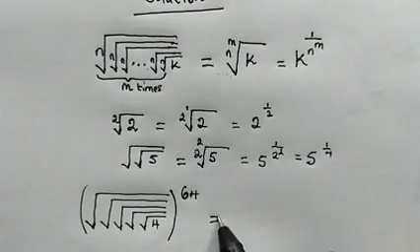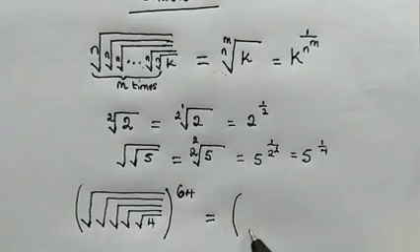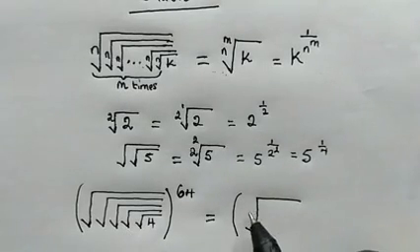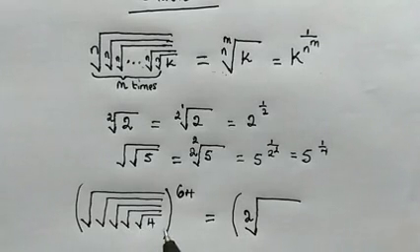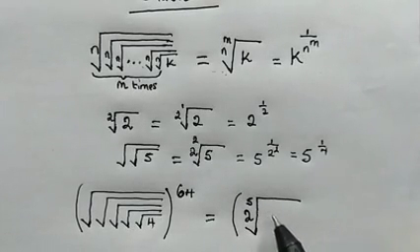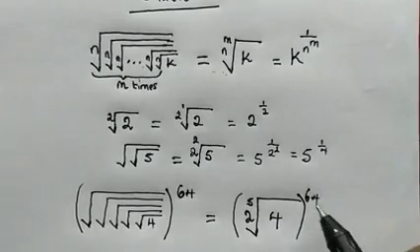Inside the bracket we have 2, because that is square root, meaning 2nd root. Now let's count the radical signs. We have 1, 2, 3, 4, and 5. So which means 2 to the 5th power root of 4. Then everything is raised to the power of 64.